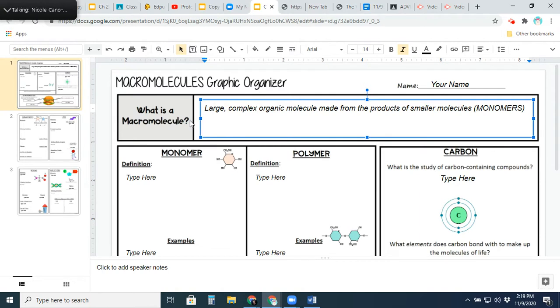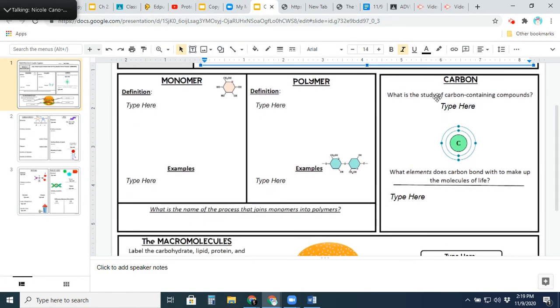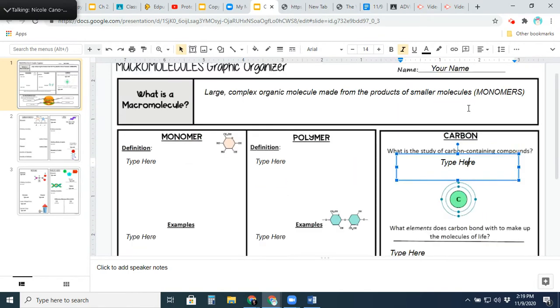In order to actually understand what a large, complex organic molecule is, first of all, let's start with the word organic. And for that, we're going to come down here to carbon. Ladies and gentlemen, when we are talking about carbon-containing compounds, what we are talking about is basically organic chemistry. Now, some people might call this biochemistry, and that's okay too.